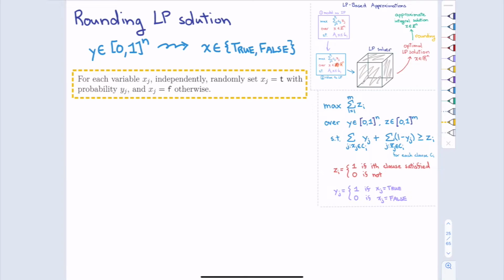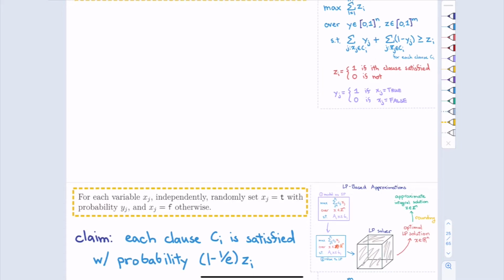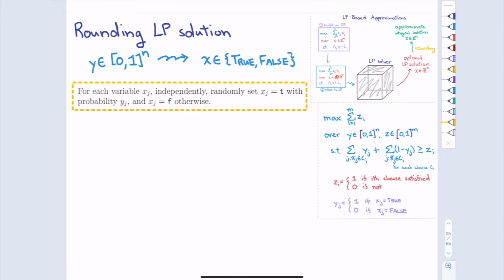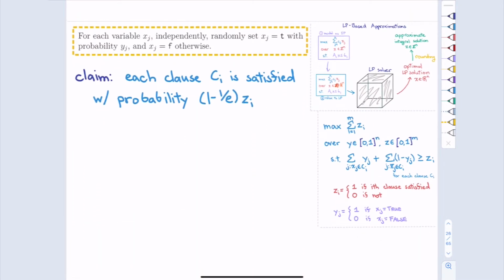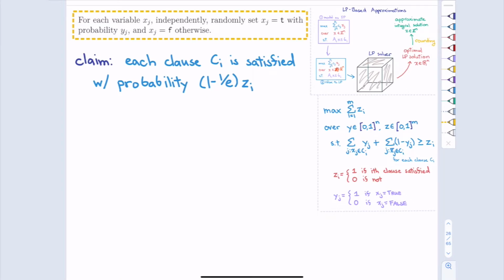All right, so that's good. Now the question is, how many clauses will we satisfy in expectation? Here's the claim.